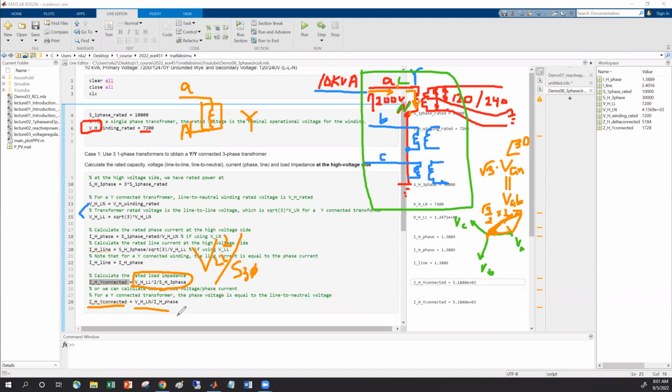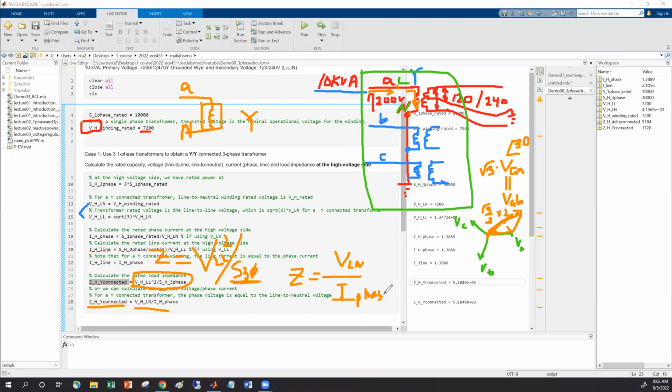Okay, so you can see that I can either use Z equals V line to line squared divided by the three-phase capacity, or I can simply use the phase voltage, which is line to neutral for a Y-connected load, and divide by the phase current here, right?